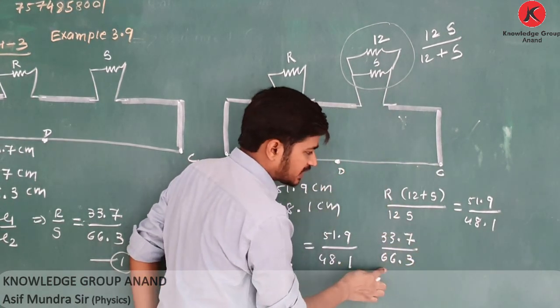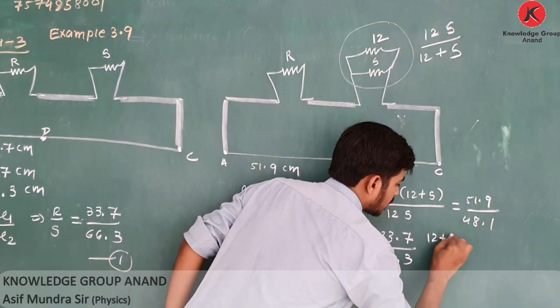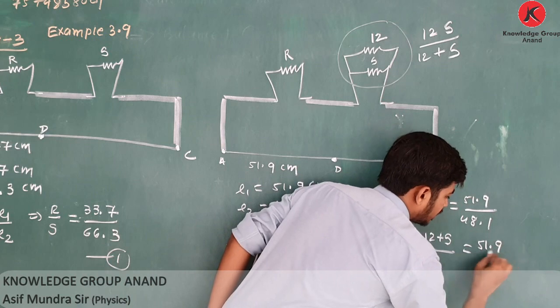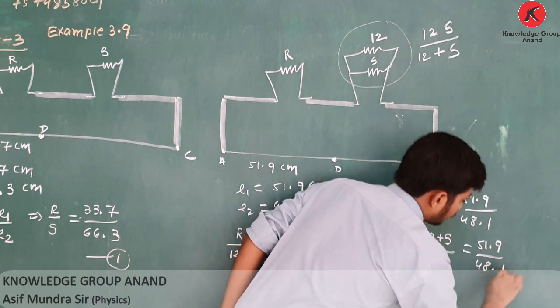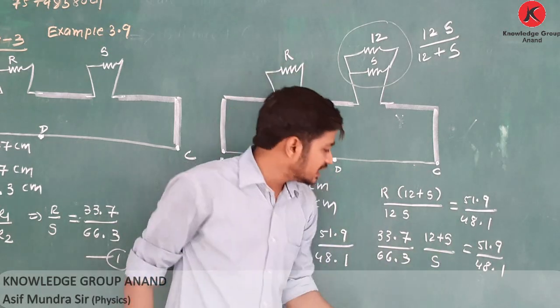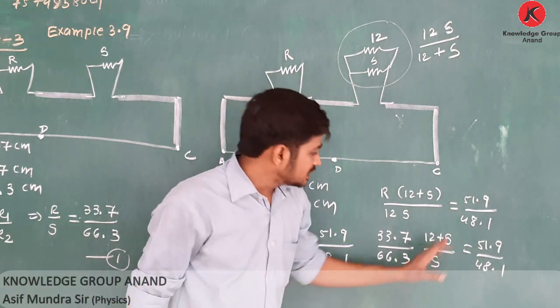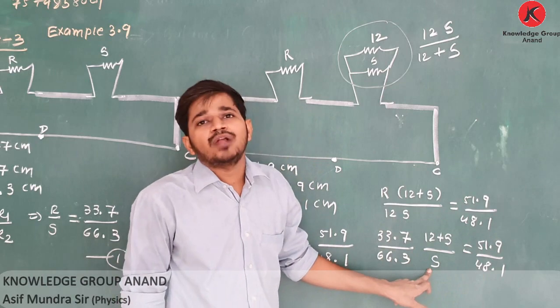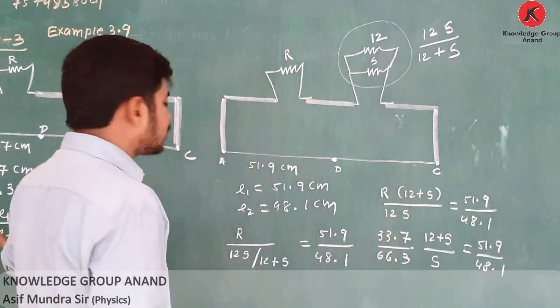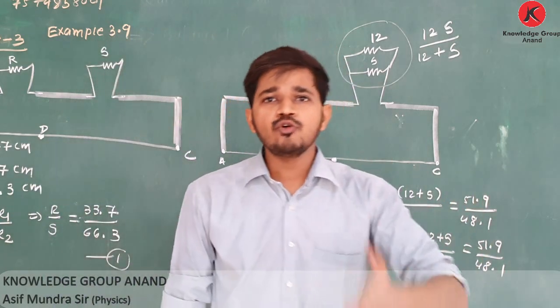So here it is 12 plus S upon S is equal to 51.9 upon 48.1. Now in this equation there is only one variable, that is S. Clear? If you solve this, you will get the value of S. And if you put the value of S in the first equation, you will get the value of R.